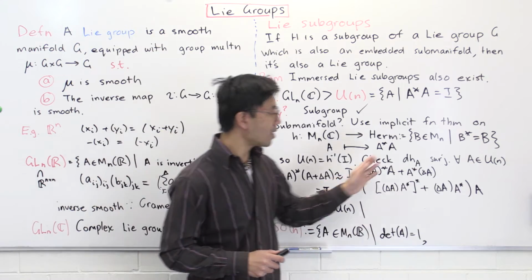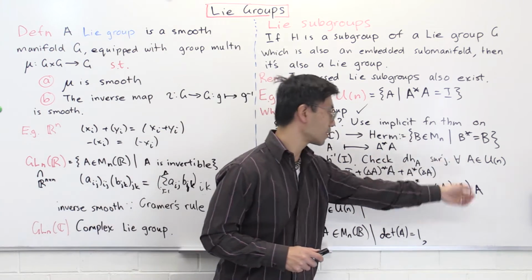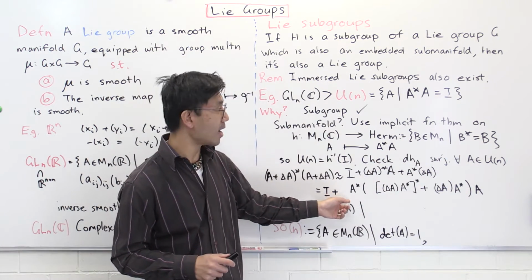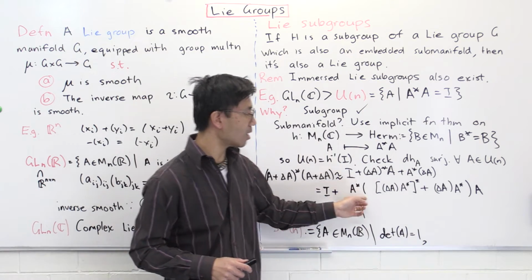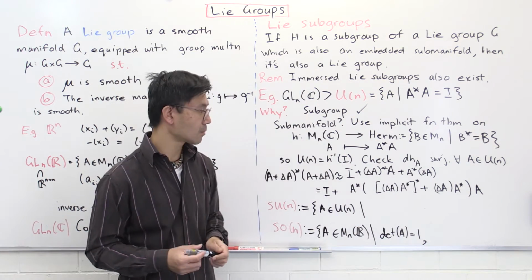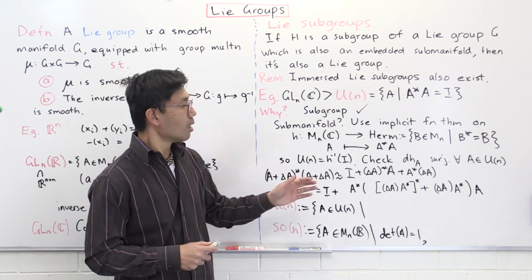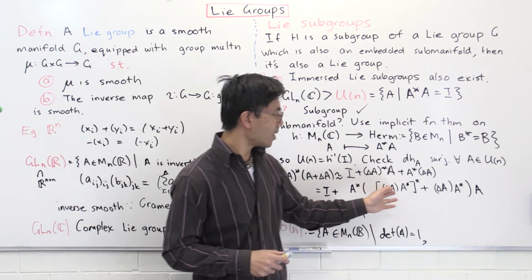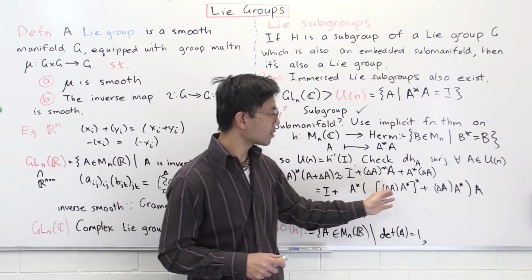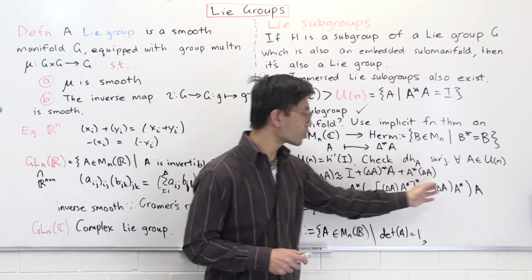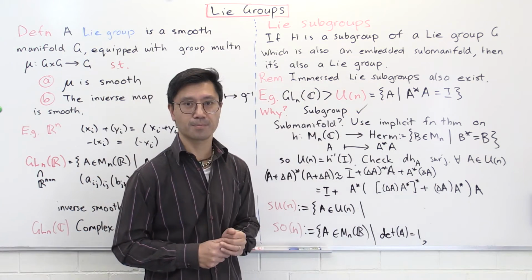And then we apply this conjugation. Remember, A star is the inverse of A, since A is unitary. So A star times this times A. Basically, it doesn't matter what delta A you pick, you can get all sorts of Hermitian matrices here.